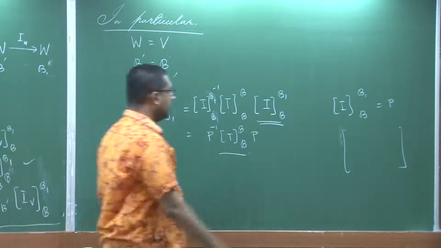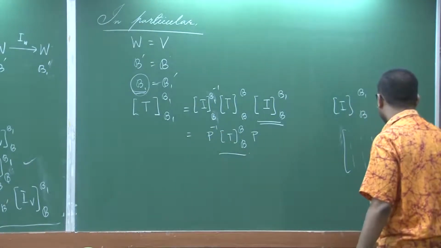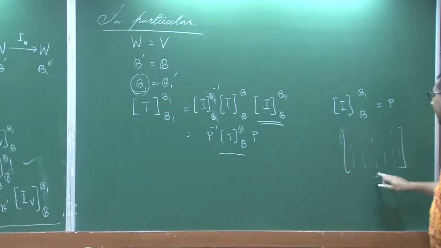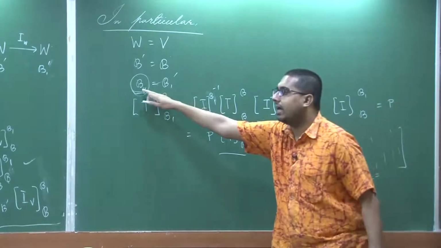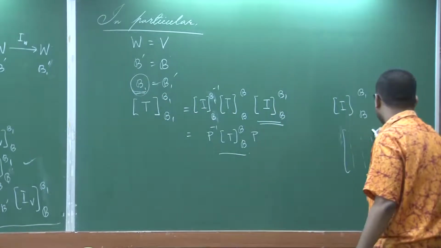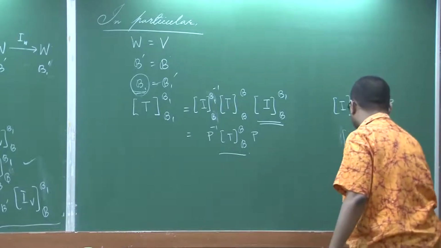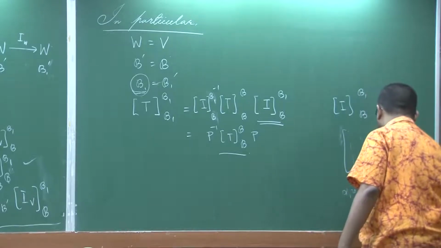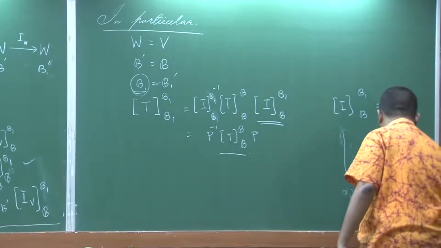So, by reading the columns of P, looking at the ith column of P, I know what the ith vector in B1 is going to be. So, if this is alpha 1 up to alpha n, the ith vector in B1 is going to be alpha 1 V1 plus ... plus alpha n Vn, right. Okay.